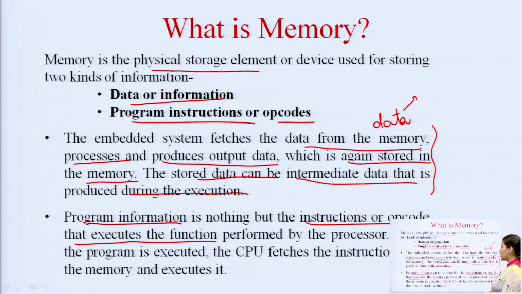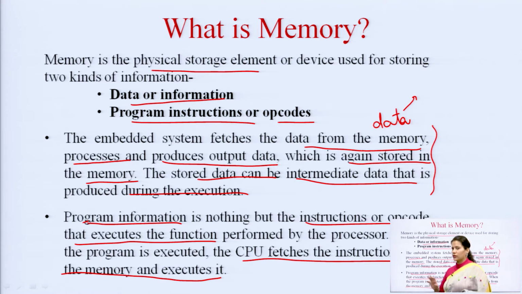When the program is executed, the CPU fetches the instructions from the memory and executes them. So, data is also fetched from the memory and the operational codes are also fetched from the memory. Ultimately, the memory is the storage device for any system.